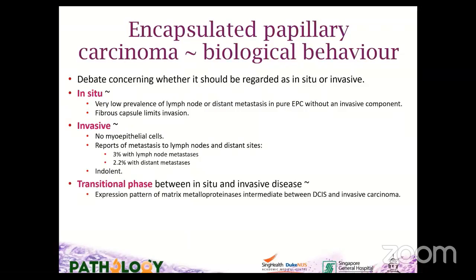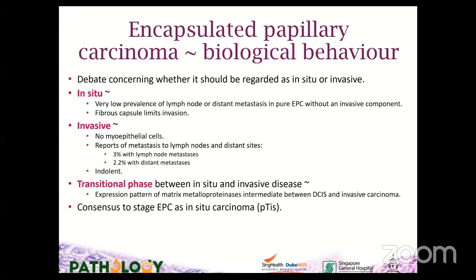Yet a third school of thought regards it as sitting in a transitional phase between in situ and invasive disease, and there are reports of the expression pattern of matrix metalloproteinases that is intermediate between DCIS and invasive carcinoma.